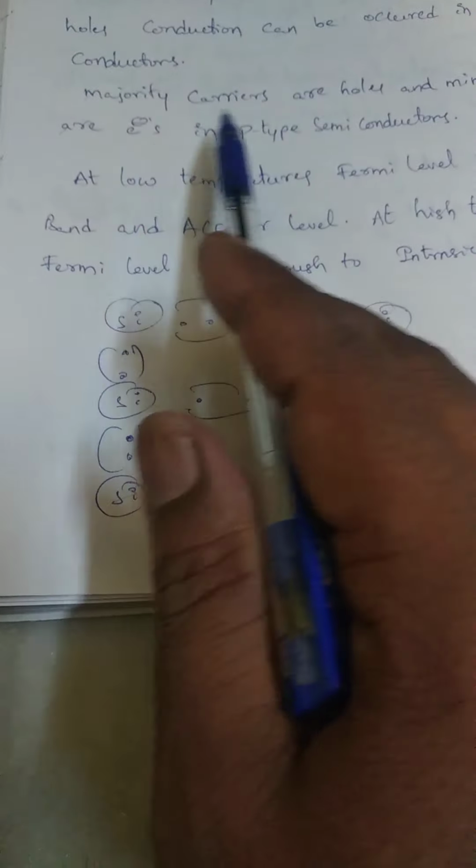The energy gap between conduction band and valency band is called forbidden energy gap. Middle one is intrinsic level. The level above the valency band is called acceptor energy level.